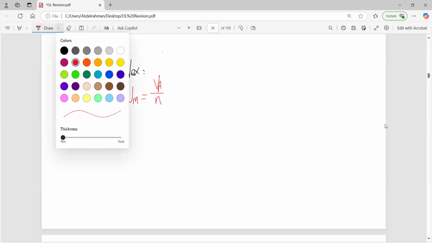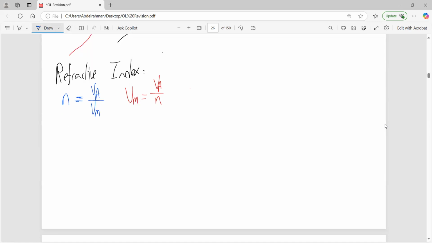The second equation is related to the angles. n equals sine theta A over sine theta M, in which theta A is the angle of the light in the air. It doesn't have to be the angle of incidence or the angle of refraction, not necessarily.